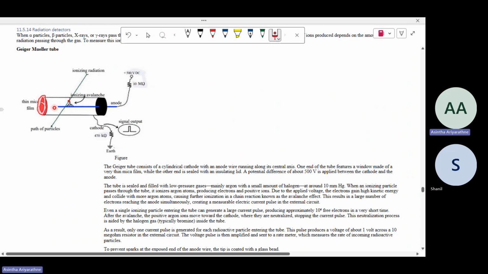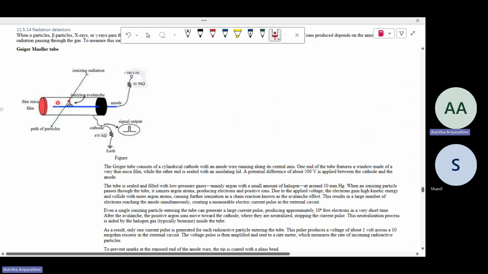And this is an anode, which is connected to a very high potential, around 500 volts. The outer surface of the cylinder is the cathode, which is earthed through around a 470 kilo ohm resistor.